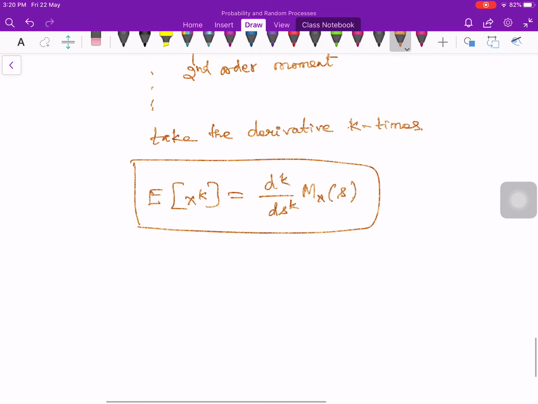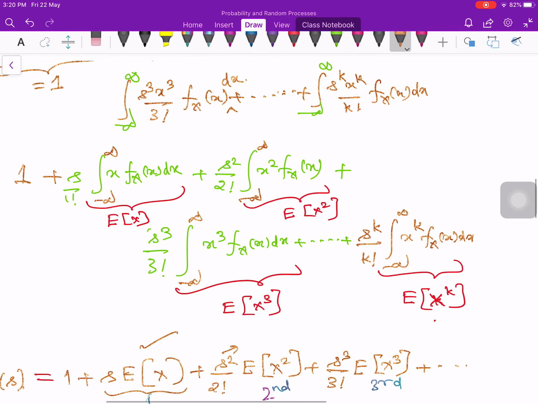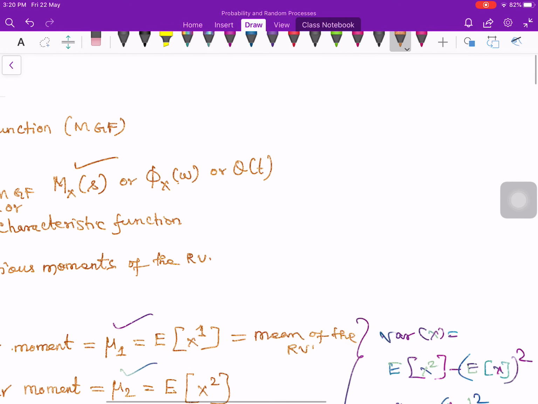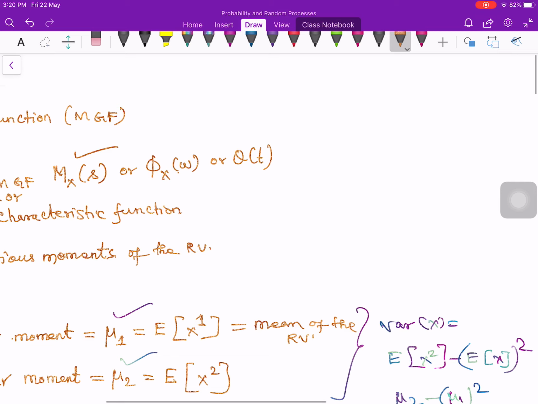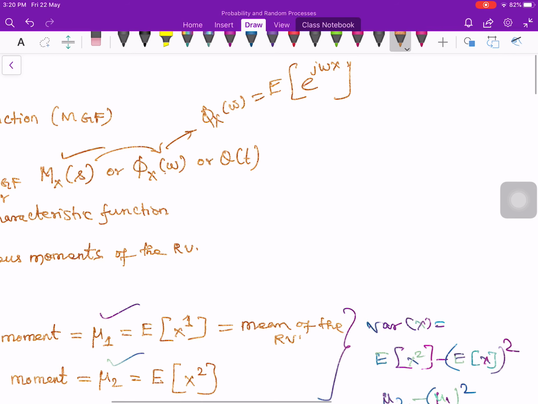So in this way one can calculate various moments of the random variable. And one more mistake I made in the beginning of the lecture itself. What I said is, sometimes you can use this notation also. Your phi X of omega, sometimes authors define it like this: expected value of e to the j omega X, where s equal to j omega.